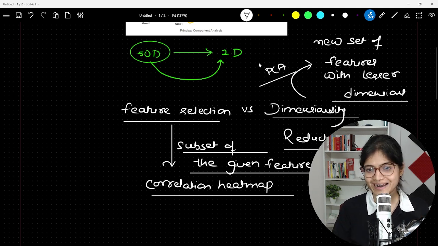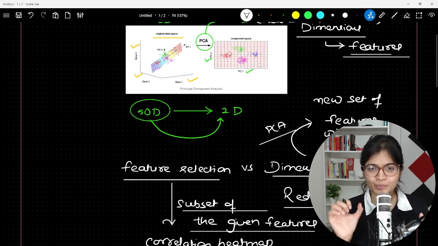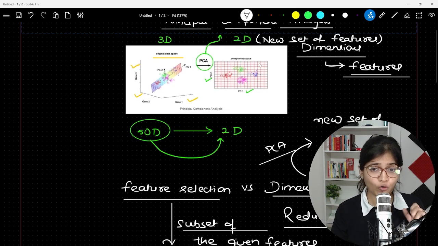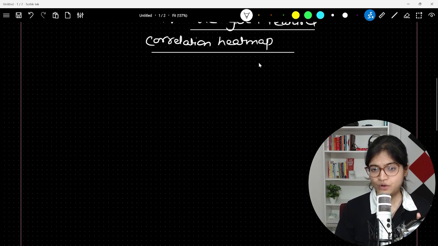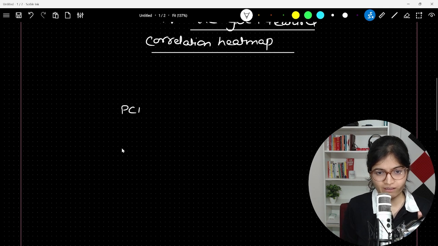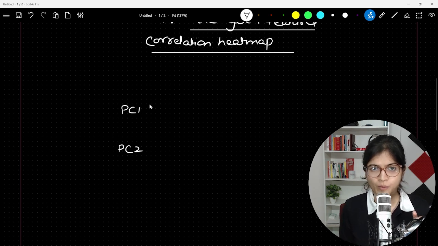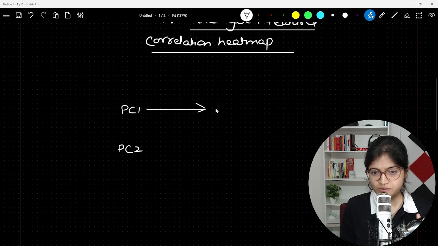Now let's move ahead and deep dive into PCA and see how it gives me the components PC1 and PC2 mentioned in the image. First of all, always remember that when I'm saying two components, one is PC1 and another is PC2, principal component 1 and principal component 2. PC1 always stores the maximum information of the original data features.